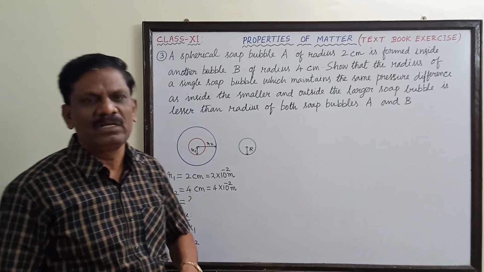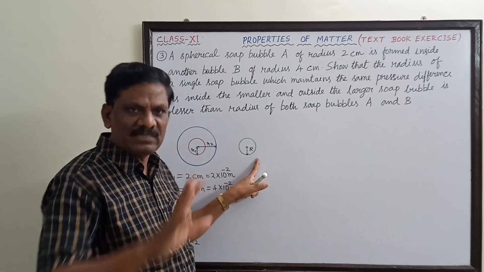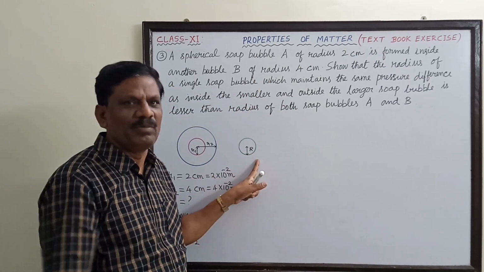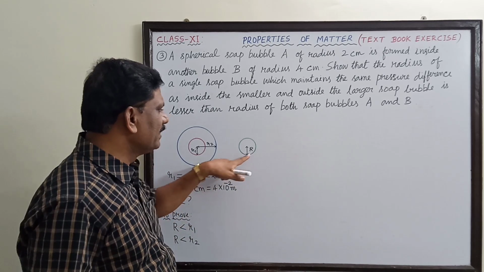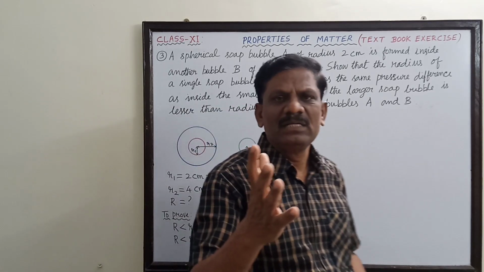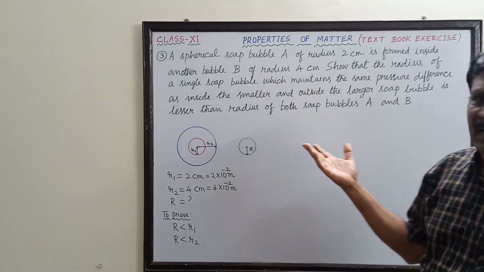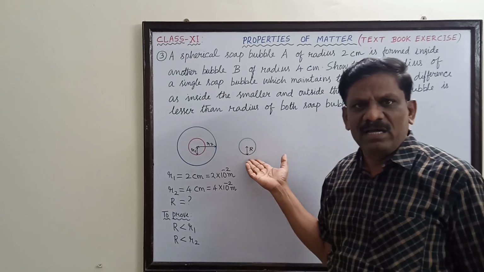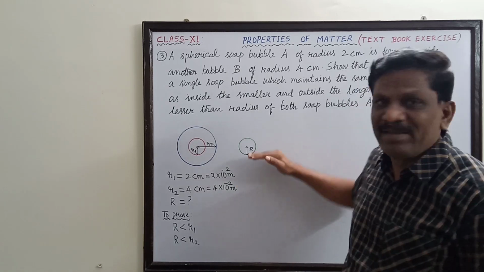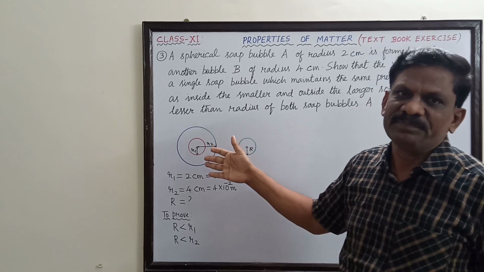And that is substituted by some other third bubble, another soap bubble whose radius is R. So we have to assume a third soap bubble, other than A and B, with radius R. This maintains the same pressure difference as the given system of two bubbles.